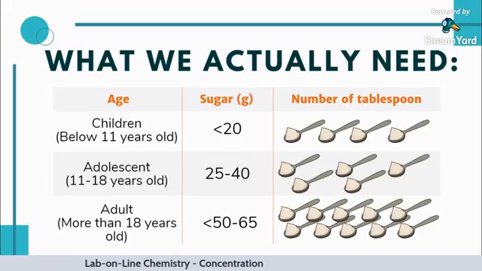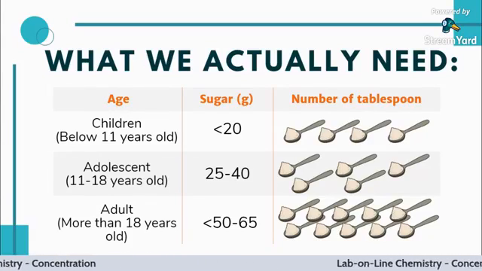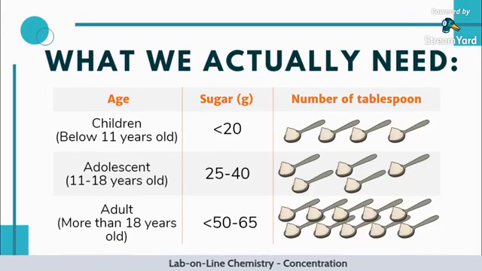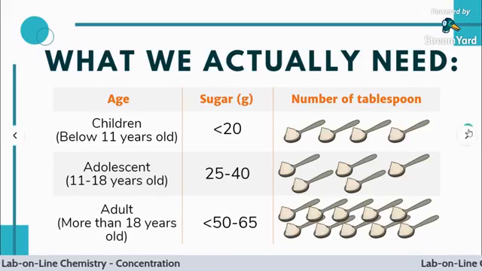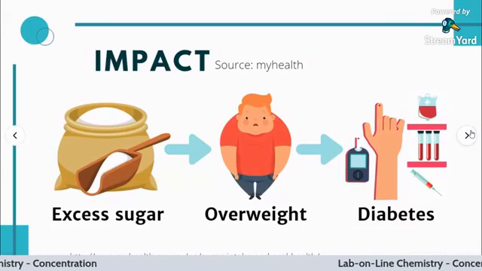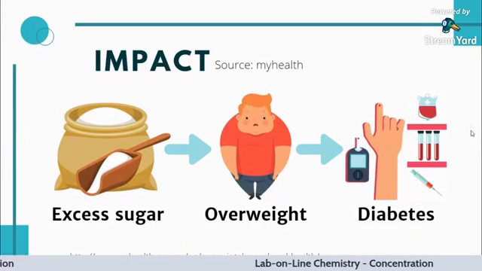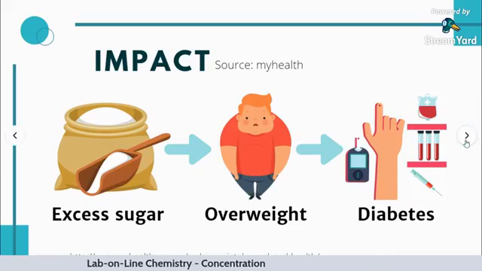It is more than enough for children below 11 years old. And what will happen if they take in excess sugar? It will eventually lead to overweight for the kids. And what would get worse is they will get diabetes if they continue this kind of excess sugar intake.